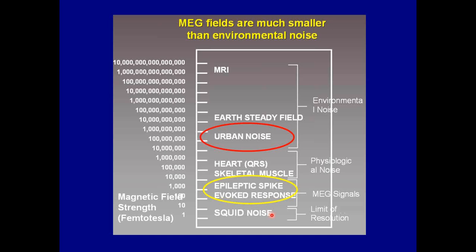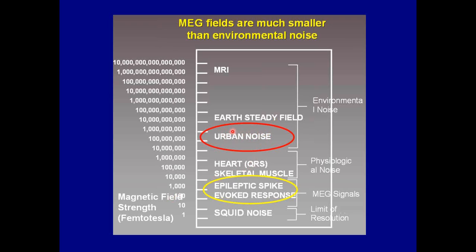Now, MEG fields are exceedingly small. Here's a scale from 1 to 10 to the 15th power, and most epileptic spikes are in the order of about 100 to 1,000 femtoteslas.